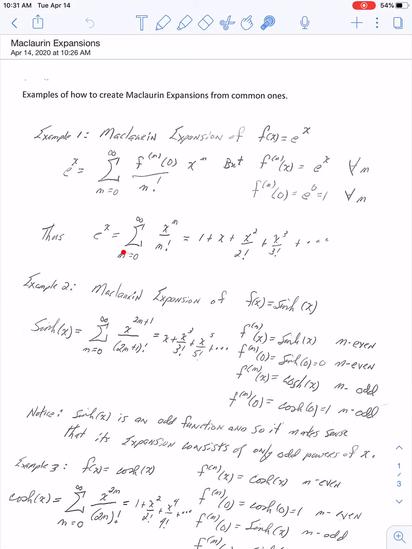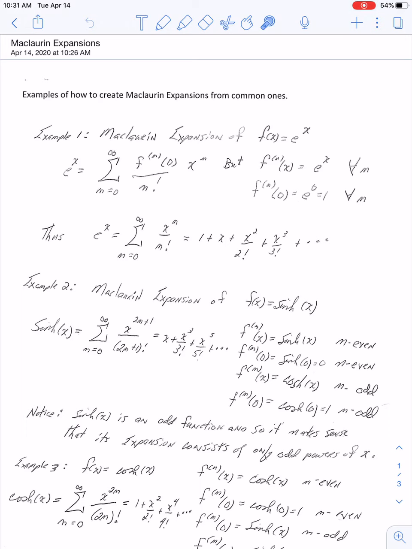That is the Maclaurin expansion for e to the x. And over here on this side, I've just written a few terms so that you get a sense of what it is: 1 plus x plus x squared over 2 factorial plus x cubed over 3 factorial plus x to the 4th over 4 factorial, and you just keep going.